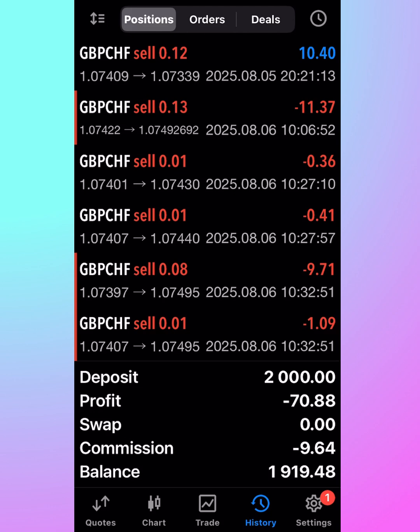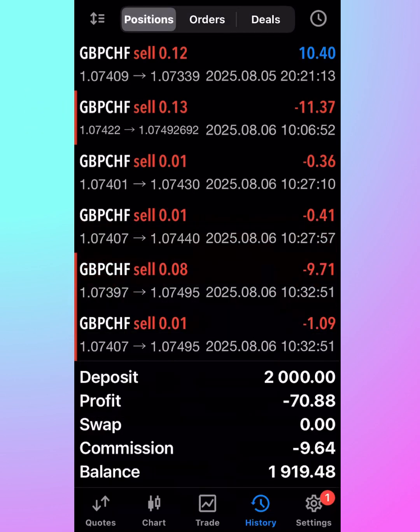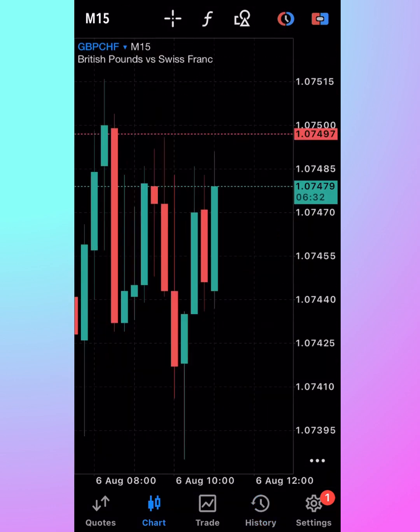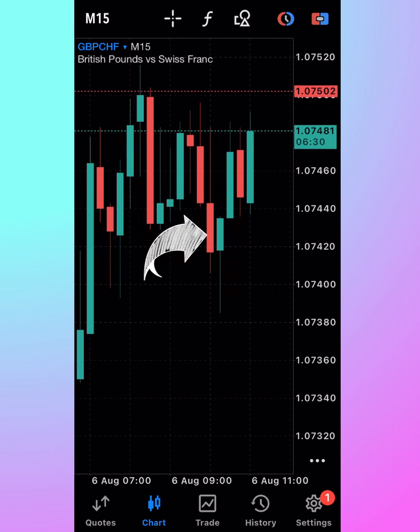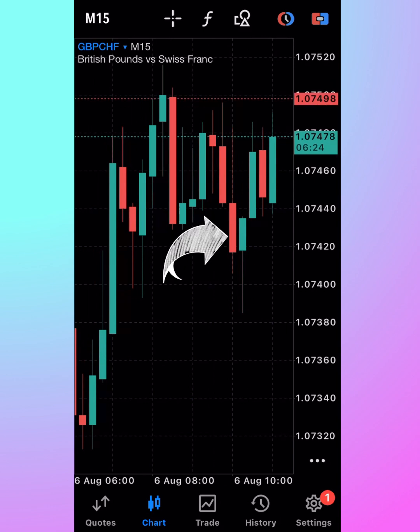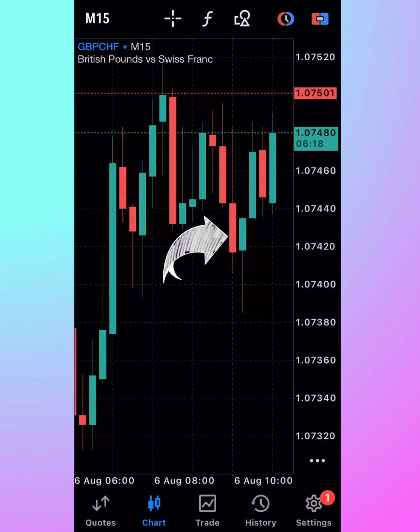Yeah, so guys, immediately I got stopped out of this trade, I went back to the chart for one big reason. You see, this candlestick was the one that took me out of the trade, right? And I felt like I didn't wait for it to close before I took the trade. So that's the reason why I was taken out of the trade.